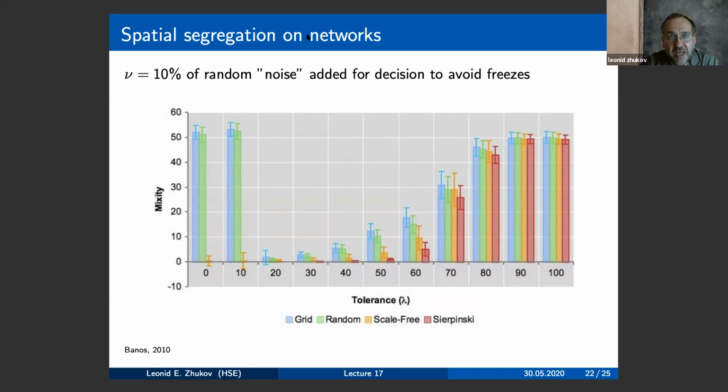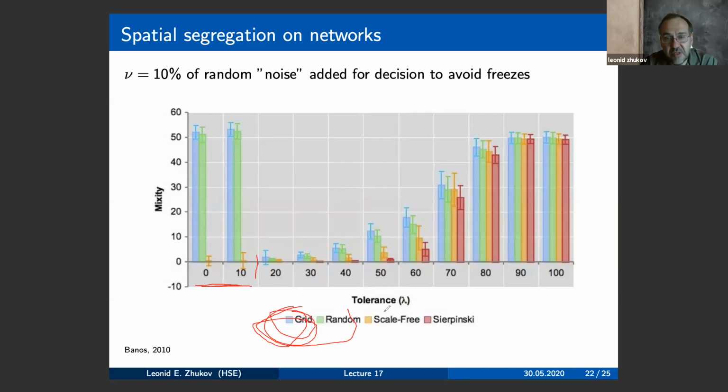on the one hand, again, grid and random, in particular grid, which literally is the original model that was out there, it's still the same scenario where at low tolerance, everybody is stuck and unhappy and it's mixed up.